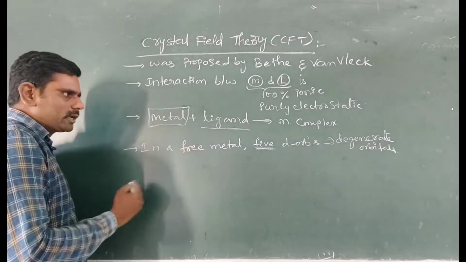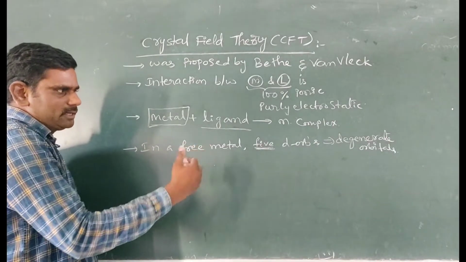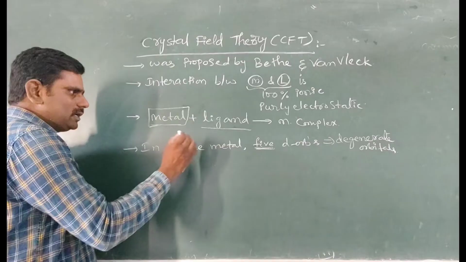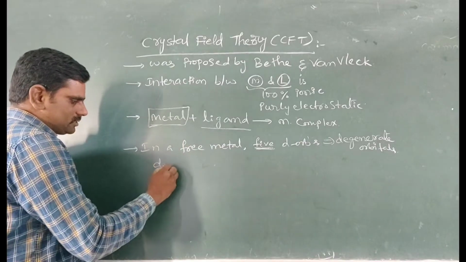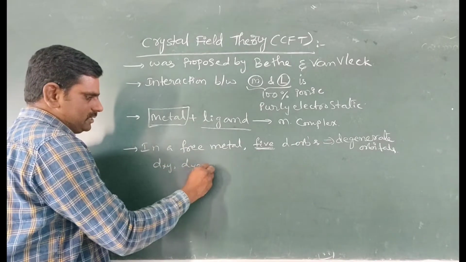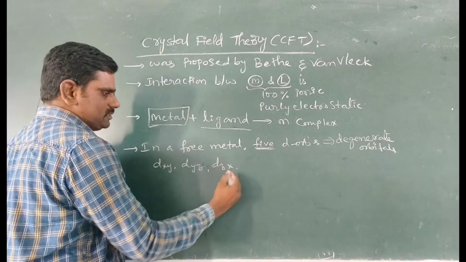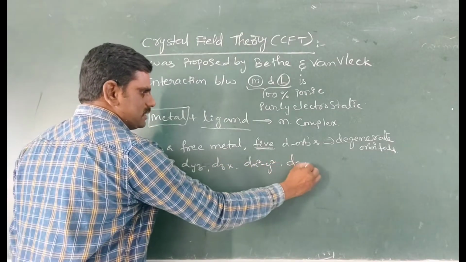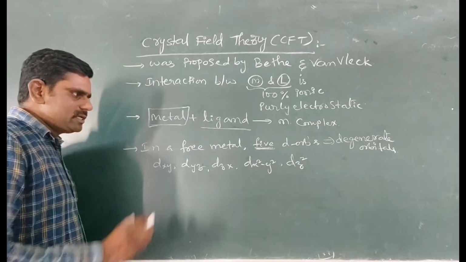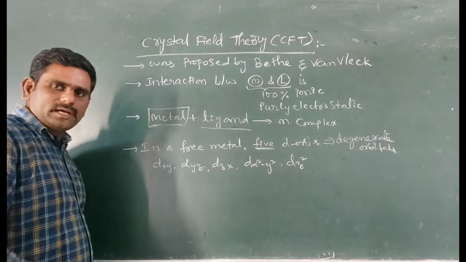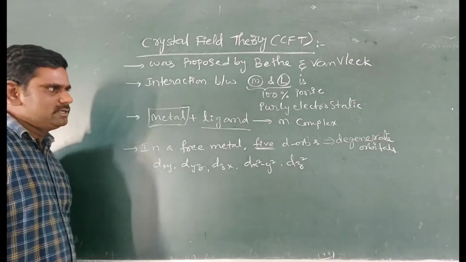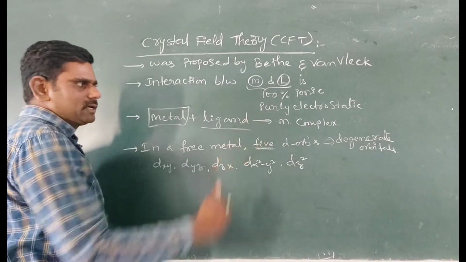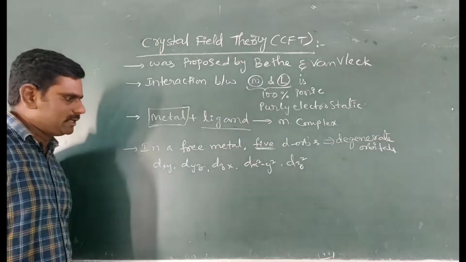How are these 5 d orbitals located? What are they? dxy, dyz, dzx or dxz, dx square minus y square, and dz square. These are the 5 d orbitals which have the same energy. That's why they are termed degenerate orbitals.